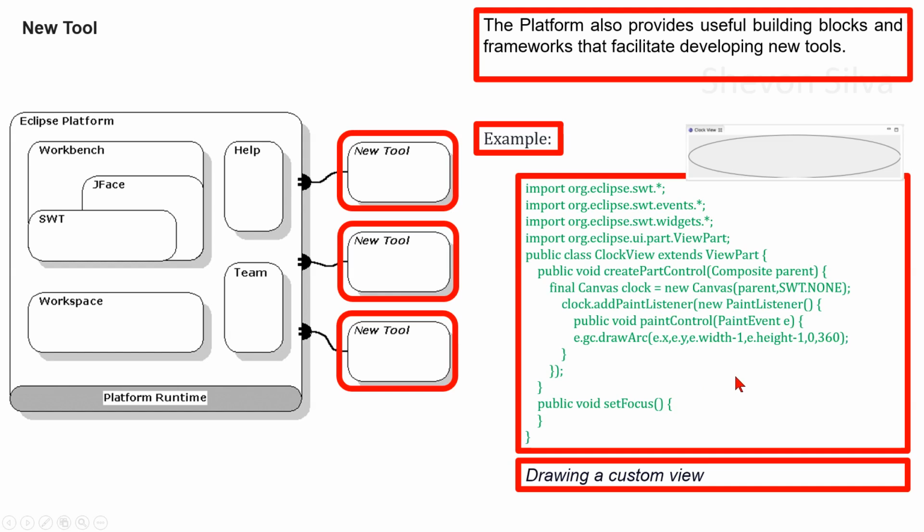As a starting point for drawing the clock, the canvas will use drawArc to create a circle. Step 1, remove the content of the clock view, leaving behind an empty implementation of the setFocus and createPartControl methods.